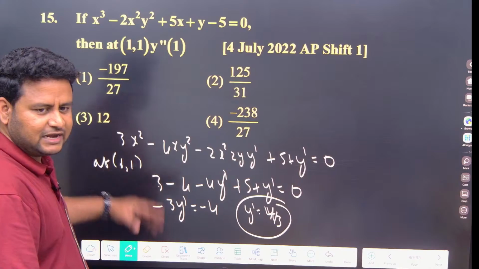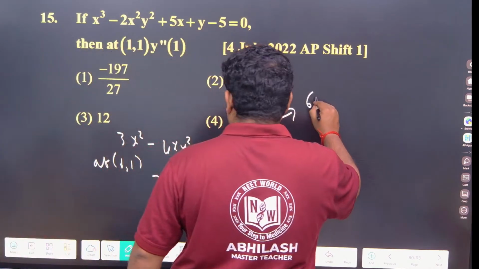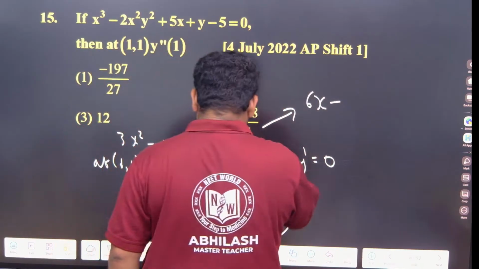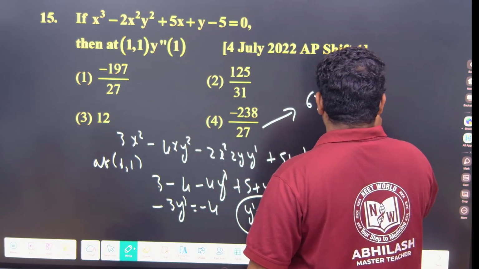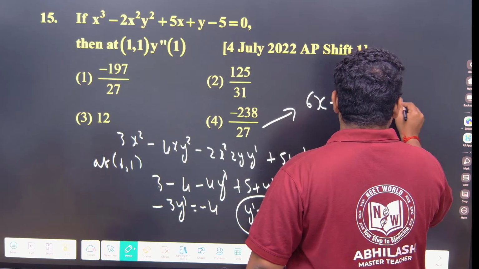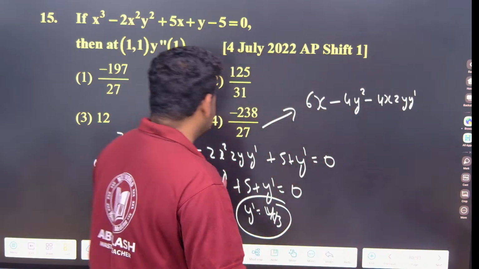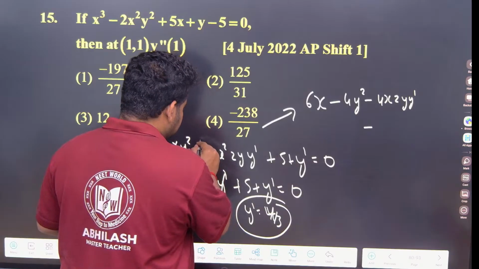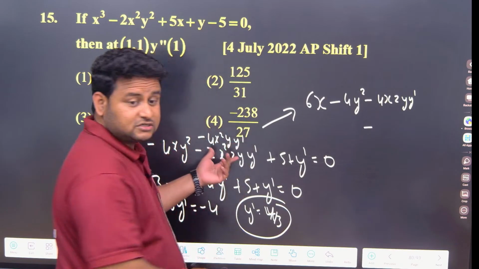Now we want y double dash, so from here only we have to derive. This will become 6x, minus 4y square, minus 4x into 2y into y dash. Let me rearrange this as 4x square into y dash. See, 3 functions are there.